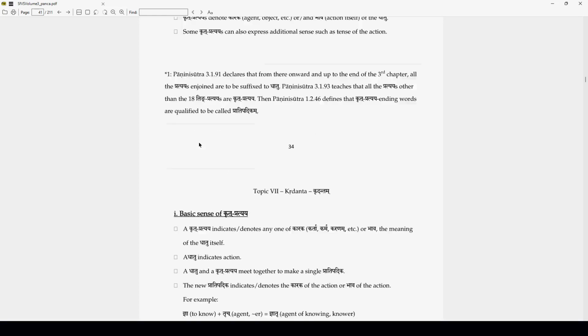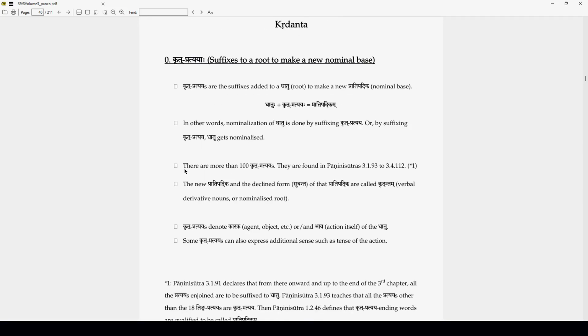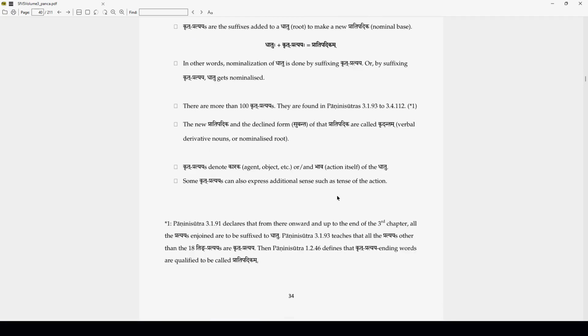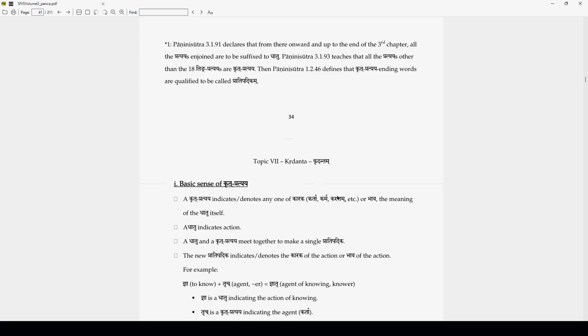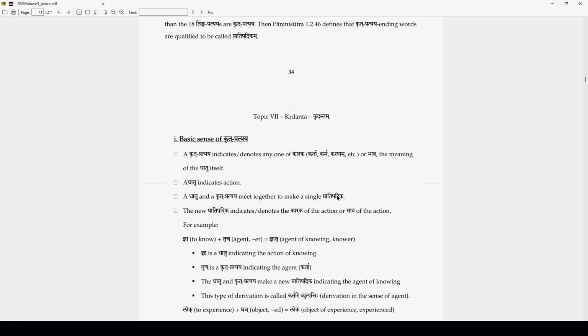There are more than 100 krut pratyayas, which are found in the Ashtadhyayi Tritiya Adhyaya, 3.1 to 3.4, in that sutra range. Krut pratyayas and the derivations are defined there.